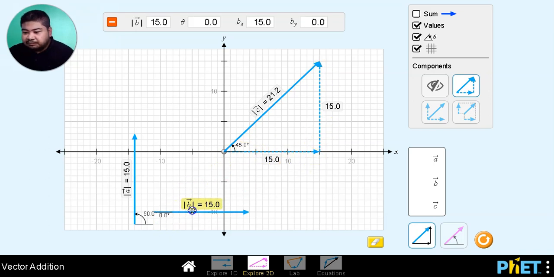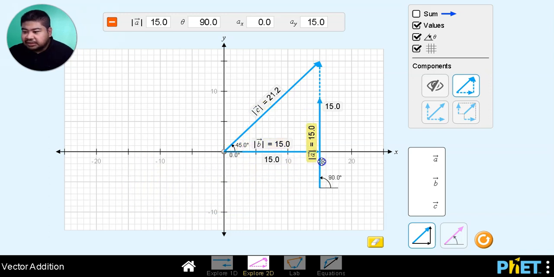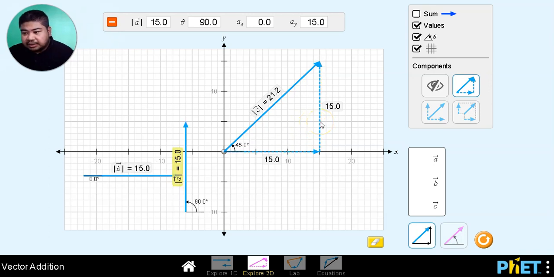If I take vector B here and put it here, as you can see, vector C is actually a combination of vector B and vector A. So I repeat again: resolving a vector is breaking it up into its horizontal and vertical vectors.